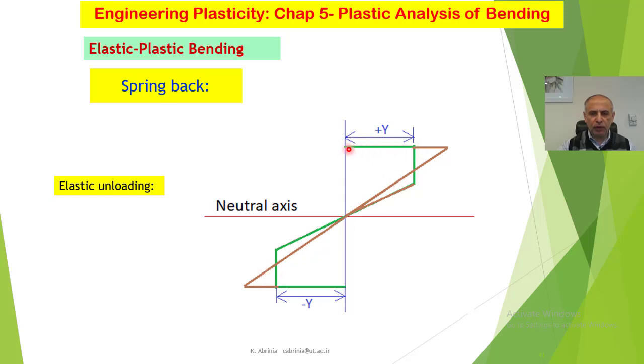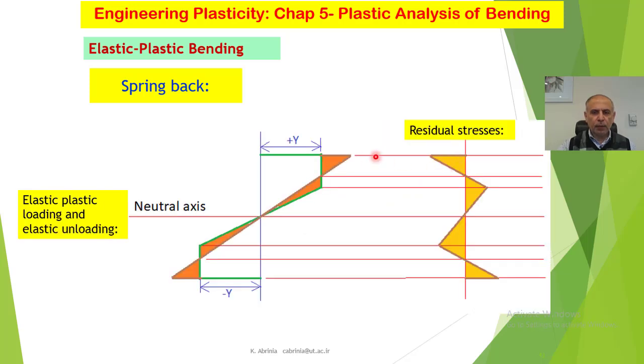You see, this is positive, but this is negative because we have unloaded, we have subtracted the load, taken off the load. So if these are the remaining stresses, we can show it like this. Because this is negative and this is positive, we subtract this part from that part, so that's positive and that's negative.